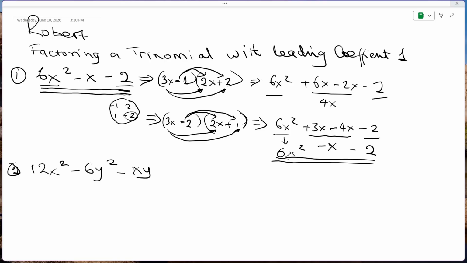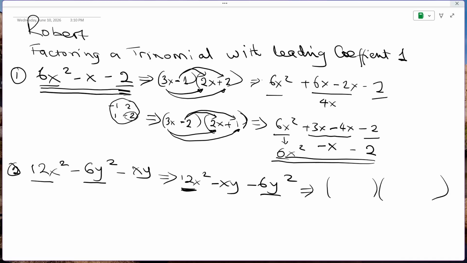Okay, so in this case, we generally have to look at these two elements here, because this can be written as 12x squared minus xy minus 6y squared. So we need to look at these expressions to determine what our two parentheses would be.